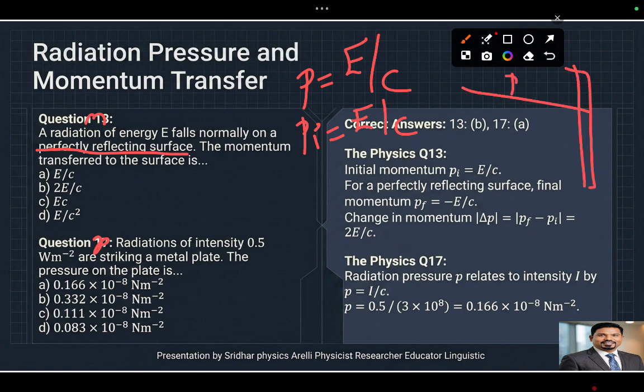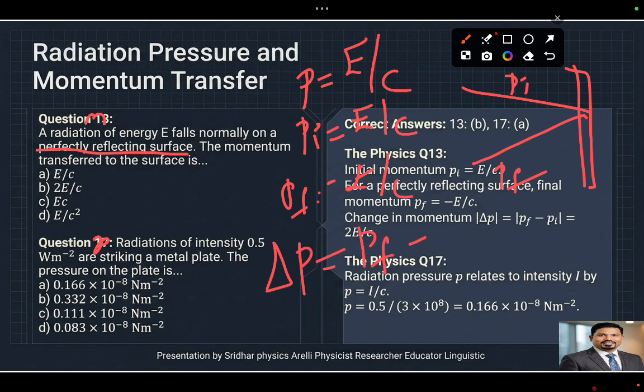P f equal to E by C, but it is opposite to the initial one, so it is minus. The change of momentum equals final momentum minus initial momentum, that is minus E by C.